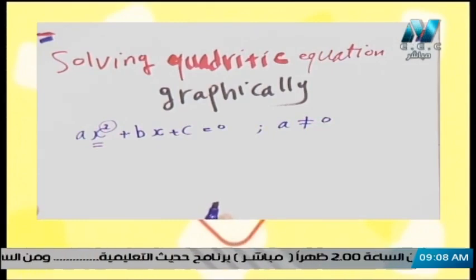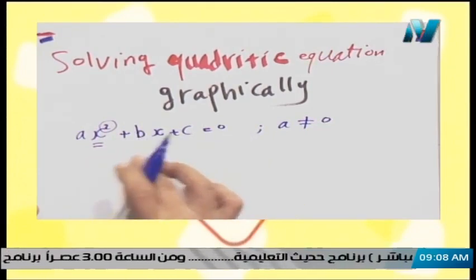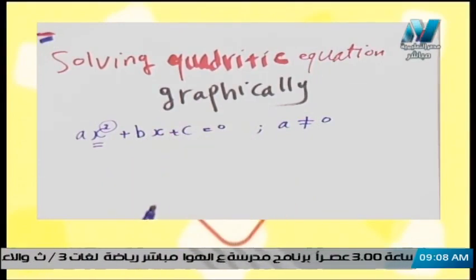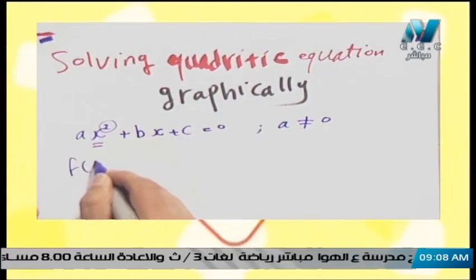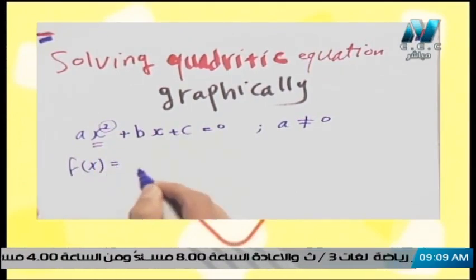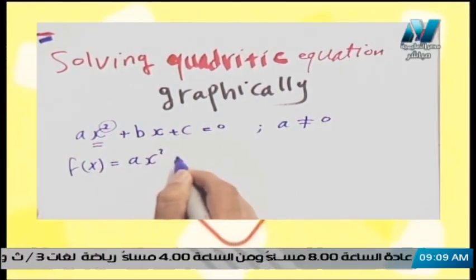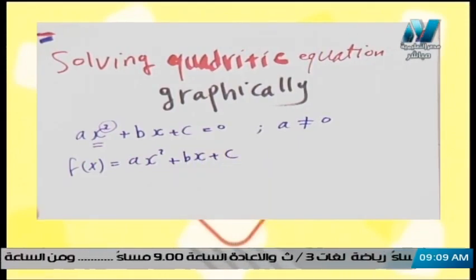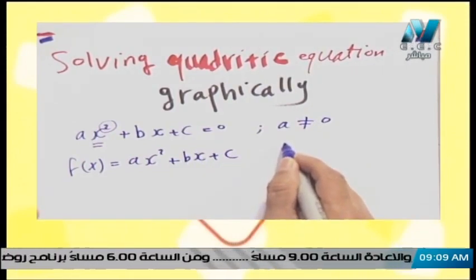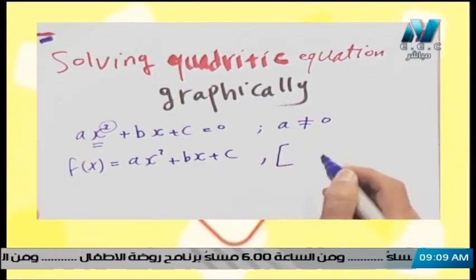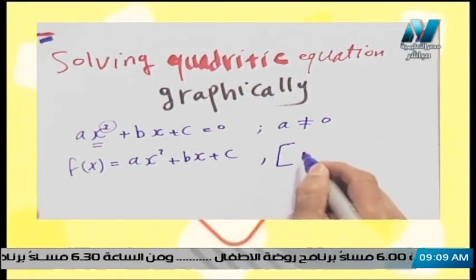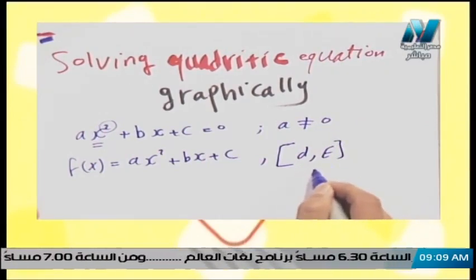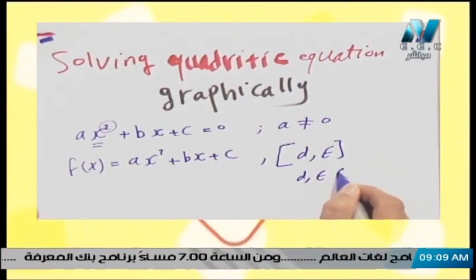So if we want to graph this quadratic function, we will write it as f(x) = ax² + bx + c, and we have a closed interval [d, e] as an example, and d and e belong to R.